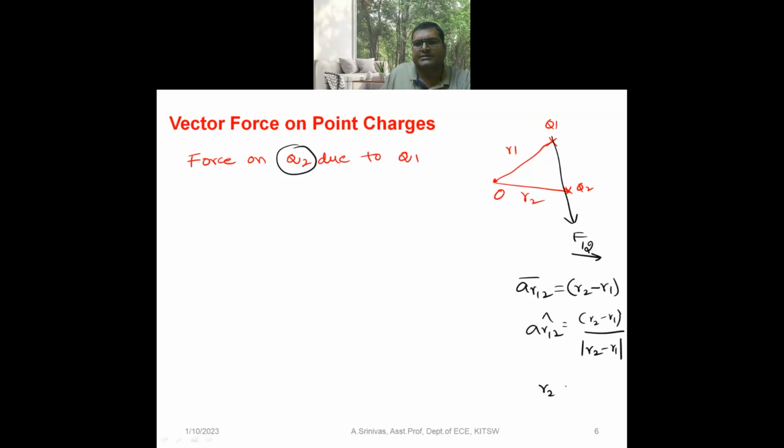Once again, the modulus of R2 minus R1 is simply the distance between the point charges.